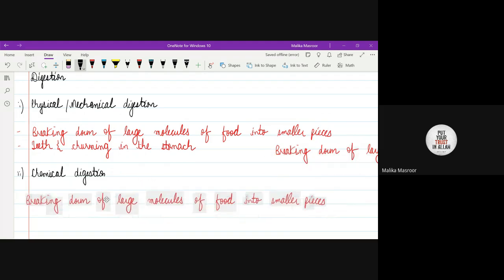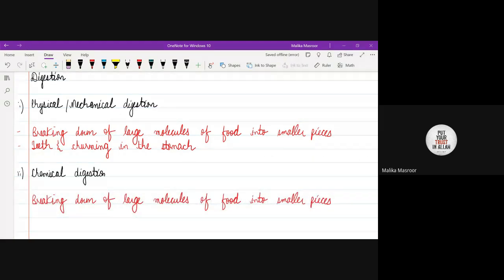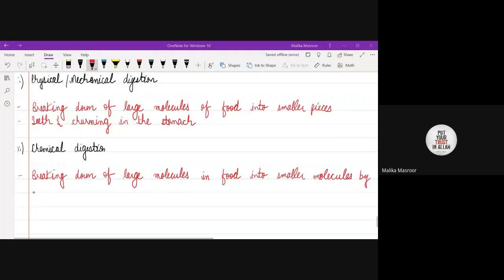It's not breaking down large molecules of food, we're breaking down large molecules in food. Where is the difference? Into smaller molecules, by chemical action, and they get catalyzed by enzymes.